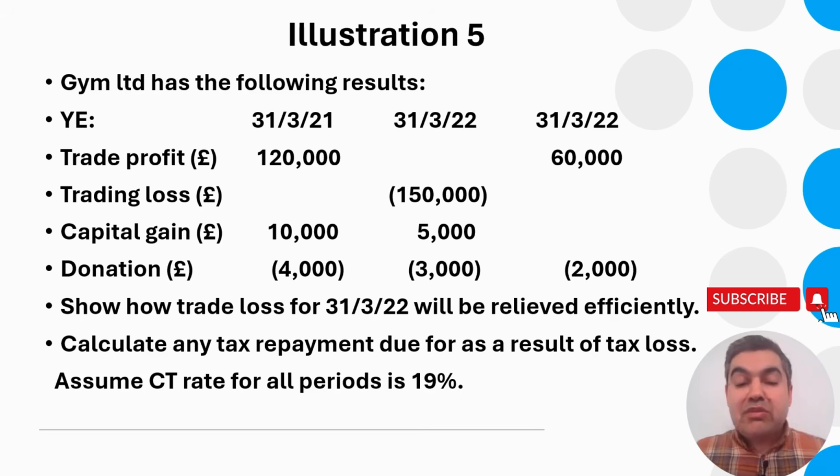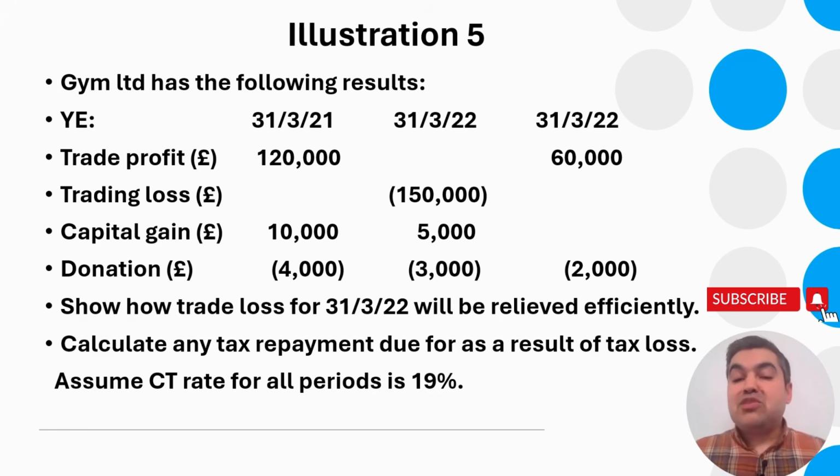So illustration number 5 is a very important question. Jim Limited has the following results. They had year ends 31st March 2021 and 31st March 2022, and there's a trading profit for 31st March 2021 and 31st March 2022.